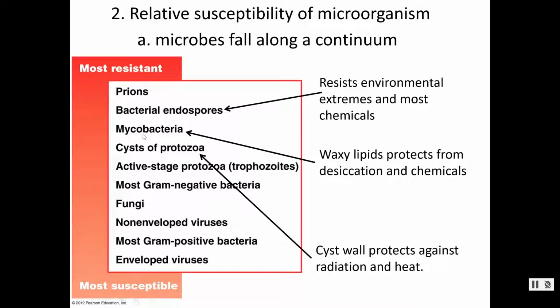These are bacteria that have an outer membrane with a lot of extra waxy lipids. They're hard to get rid of. Tuberculosis is in this category. It makes it very difficult to get rid of. Protozoan cysts are right underneath that. Giardia is a common protozoan that lives in North American rivers, streams, and such.